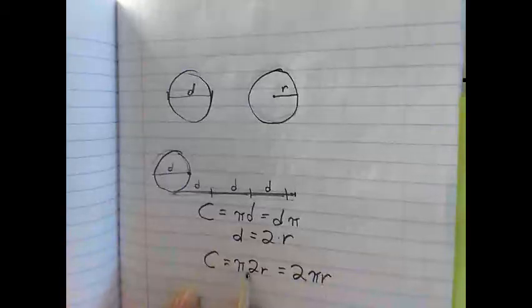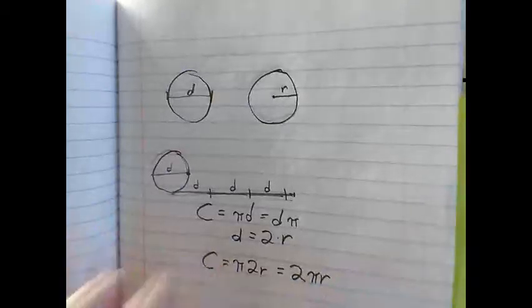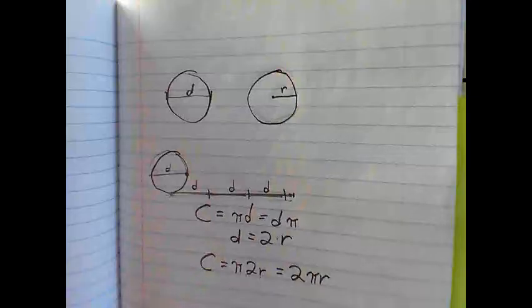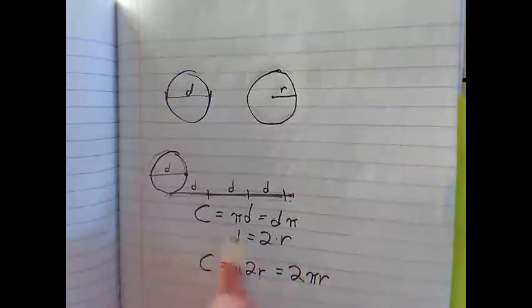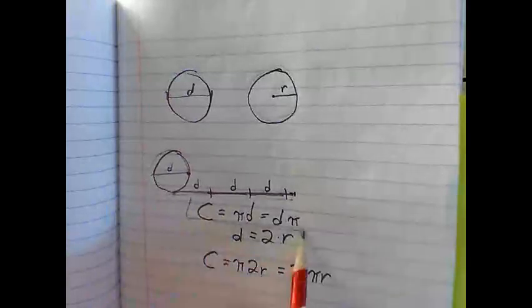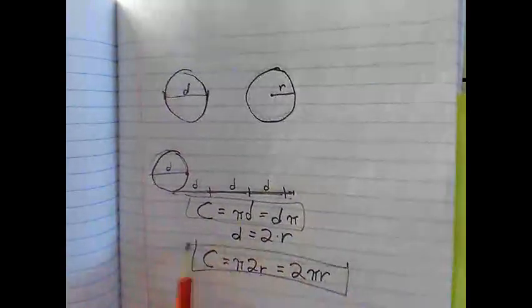Again, with multiplication, you can switch up the order. It's not like subtraction or division, where order matters. But in this case, I can switch up the order. So 2 pi r is perfectly fine. So those are my two different circumference formulas. I could do it this way, or I could find it this way.